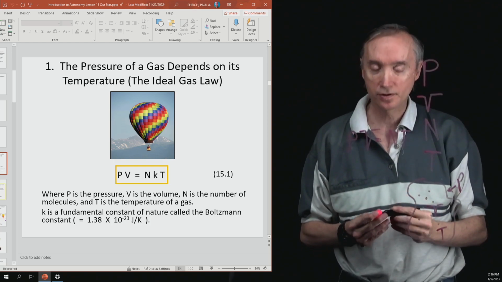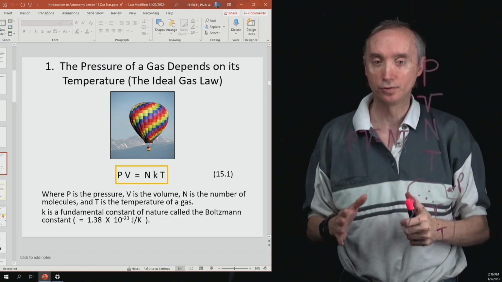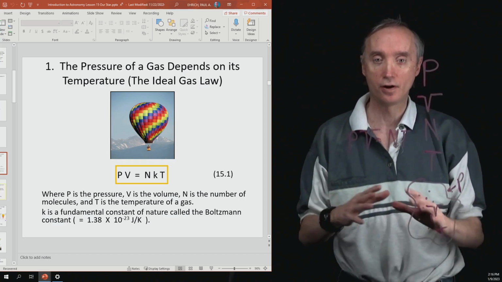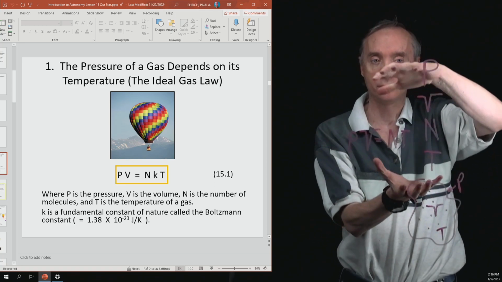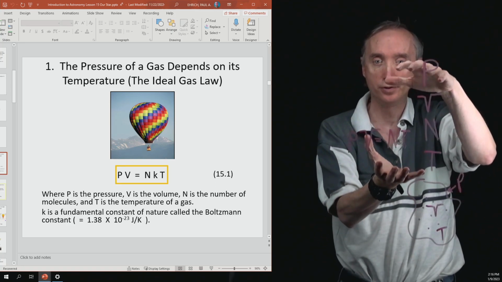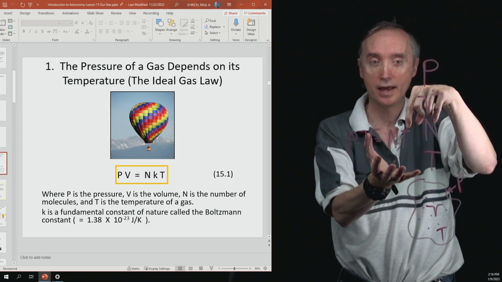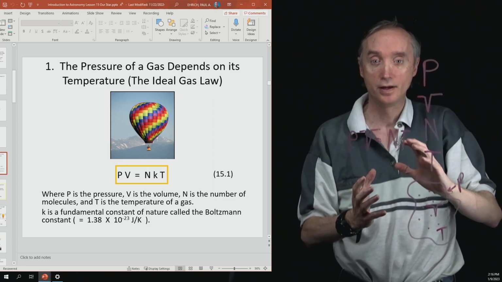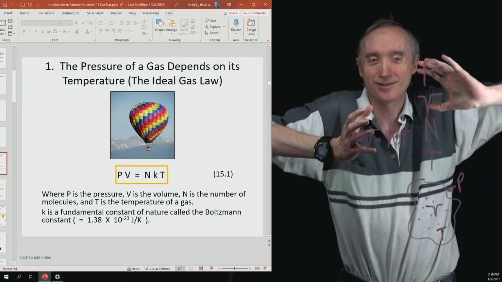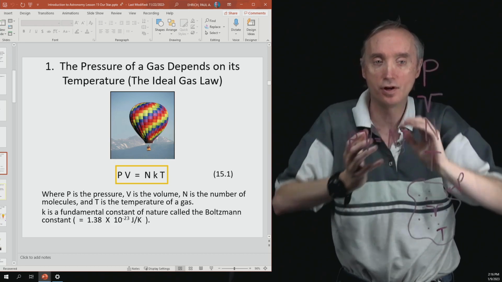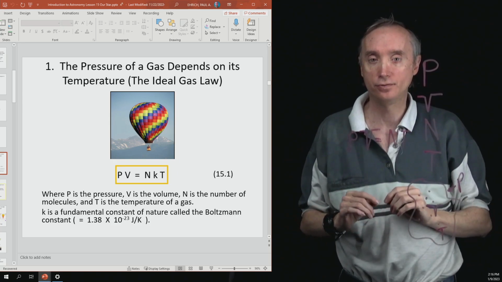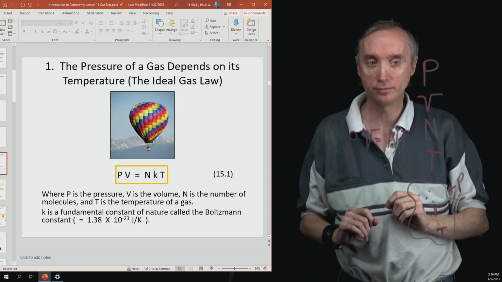All right, let's do some conceptual questions involving this. Imagine that you've got a balloon, and that balloon has a certain volume and is at a certain pressure. Now you're going to squeeze the balloon, and we want to know what's going to happen to the pressure if you do that.